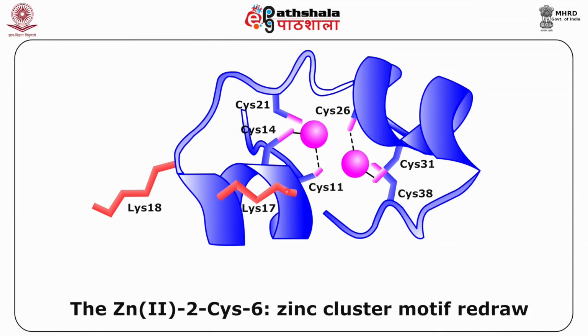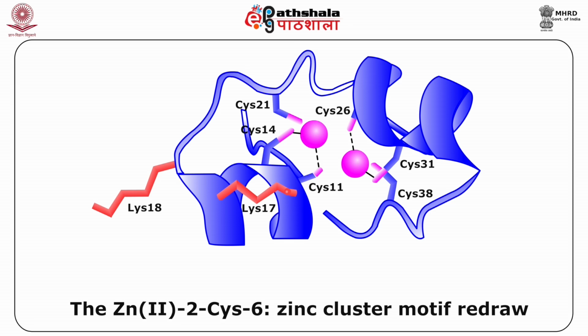The 2 zinc coordinate to the 6 cysteines in a binuclear zinc thiolate cluster as shown in the figure. The interatomic zinc-zinc distance is 3.5 angstrom. Cysteine 11 and cysteine 28 are the bridging ligands.